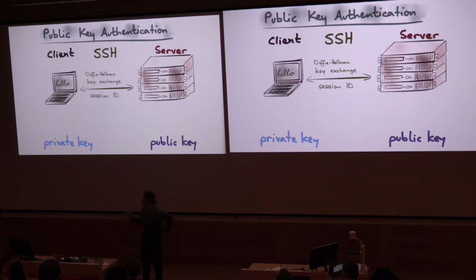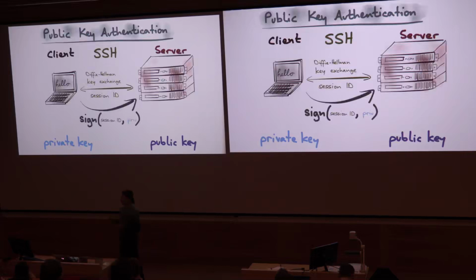As you probably know, the way that works is when you set up an SSH connection, it first does some key exchange and sets up an encrypted channel. Once it's done that, a signature is passed from the client to the server, and that's what authenticates you. It takes the session ID, a kind of unique key derived from the handshake protocol, and signs that on the client using your private key.